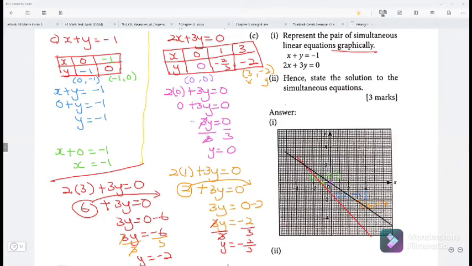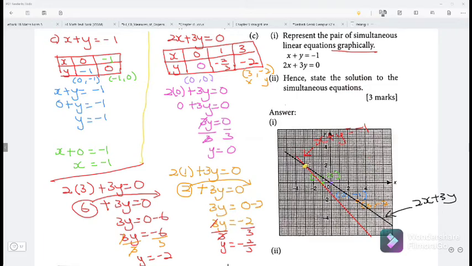Now it's better. The name for this line is 2x plus 3y equals 0. And the next one is x plus y equals negative 1. And then the intersection is here.